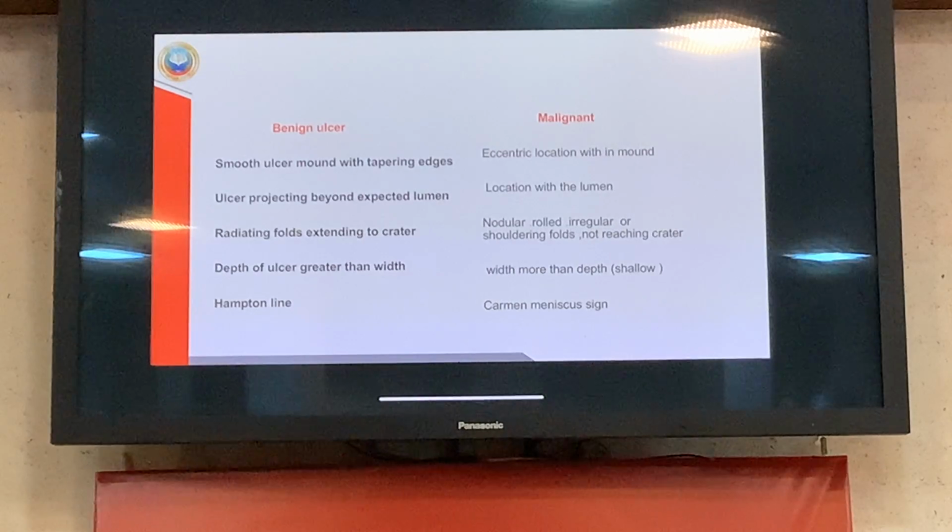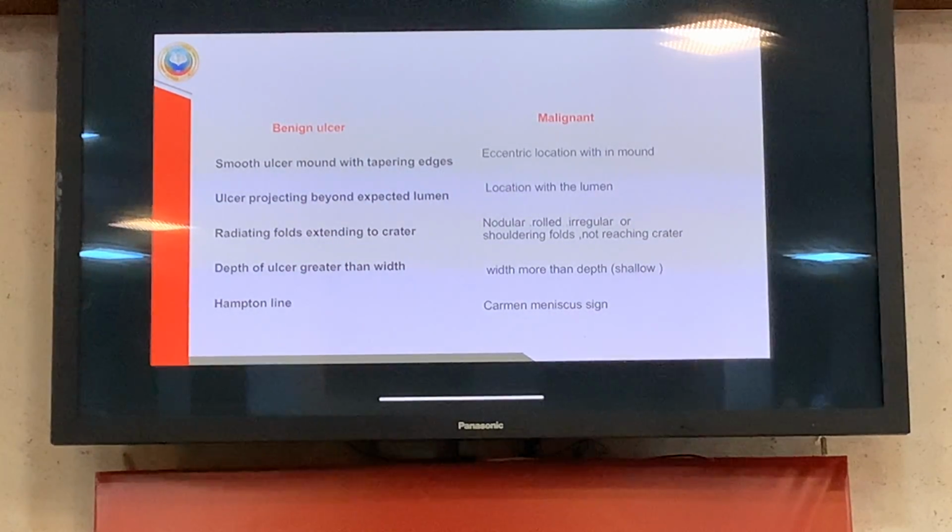This table shows the appearance of the ulcer, whether it is benign or malignant. Benign: smooth ulcer, tapering edge, ulcer projected beyond the lumen, radiating folds extending to the crater, depth of the ulcer greater than the width, and Hampton line.